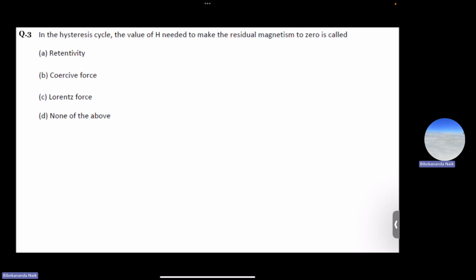So this is related to the hysteresis cycle. This is a conceptual question. So I will give you a few minutes and then we will briefly discuss this hysteresis loop and we will find out the correct answer. That is, the value of H which is needed to make the residual magnetism 0, what is it called basically?